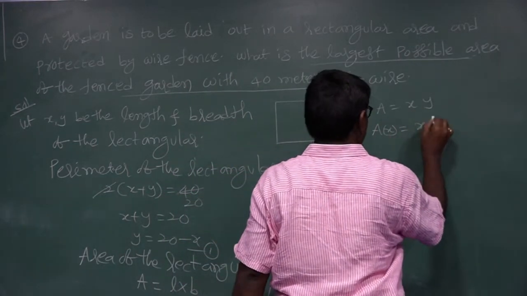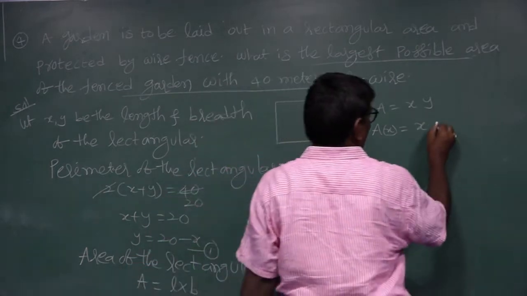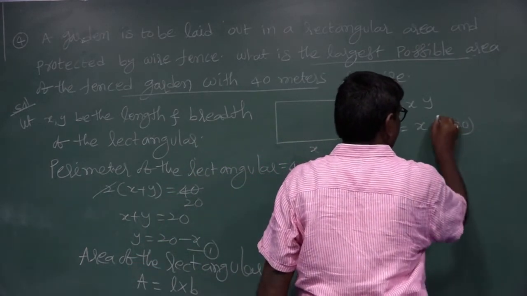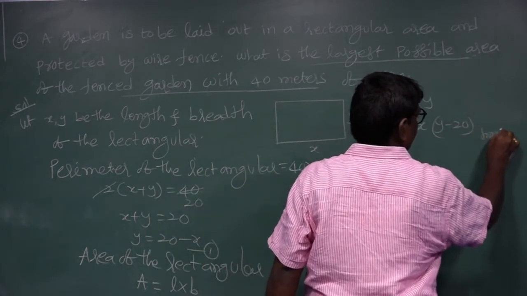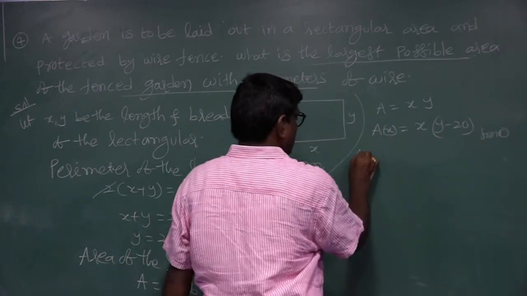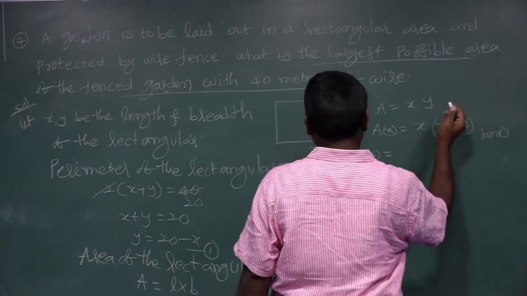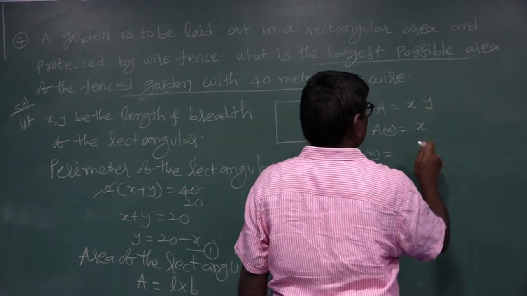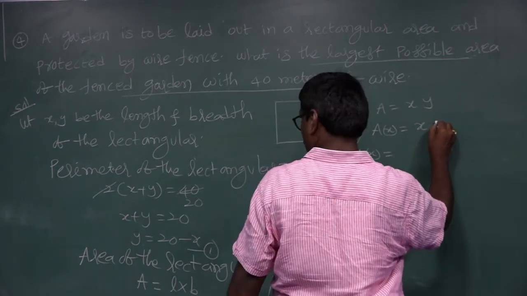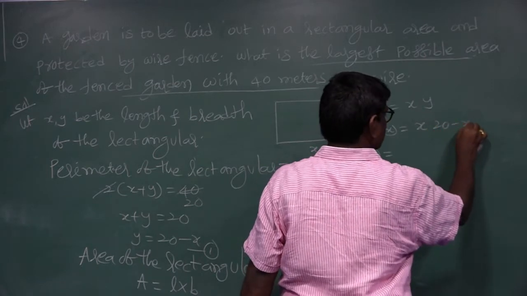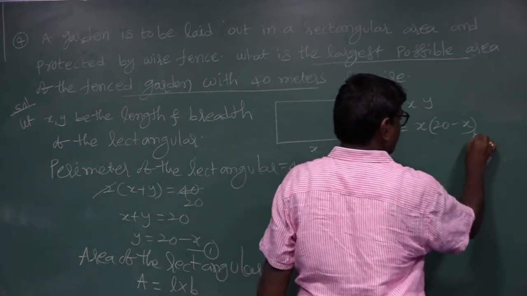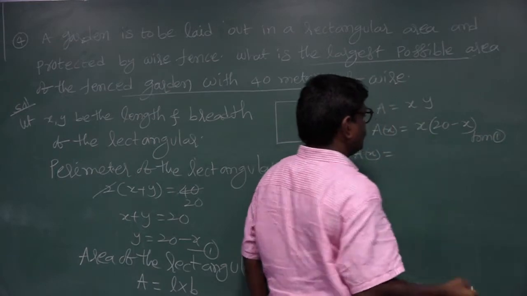This is x into y, where y is 20 minus x from equation 1. A of x equals x times (20 minus x).